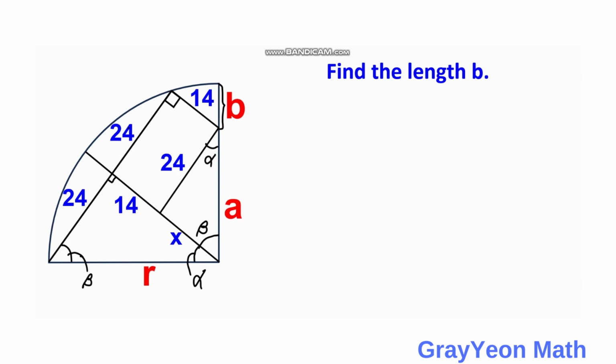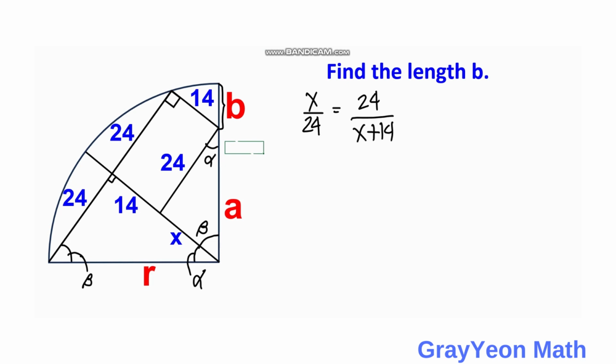Okay, so for the smaller triangle, we have x over 24 is equal to, for the larger triangle, we have 24 over x plus 14.